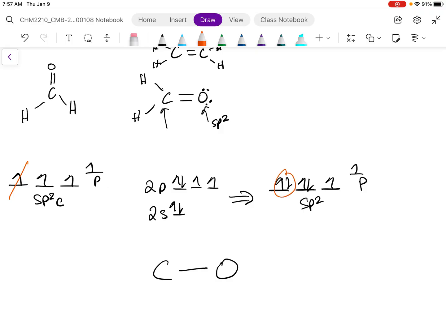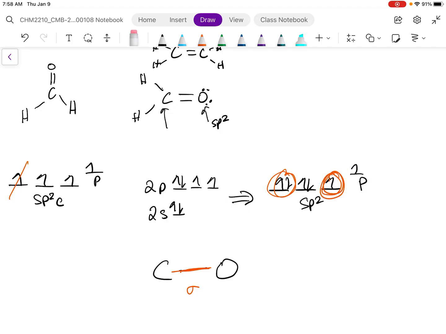Do I use these, that one, or that one to form the sigma bond between the carbon and the oxygen? Can we use the p orbital? Do p orbitals form sigmas? No. So that one's off. Can we form bonds in an orbital that already has 2 electrons in it? No. So the only one that you have is that guy right there.